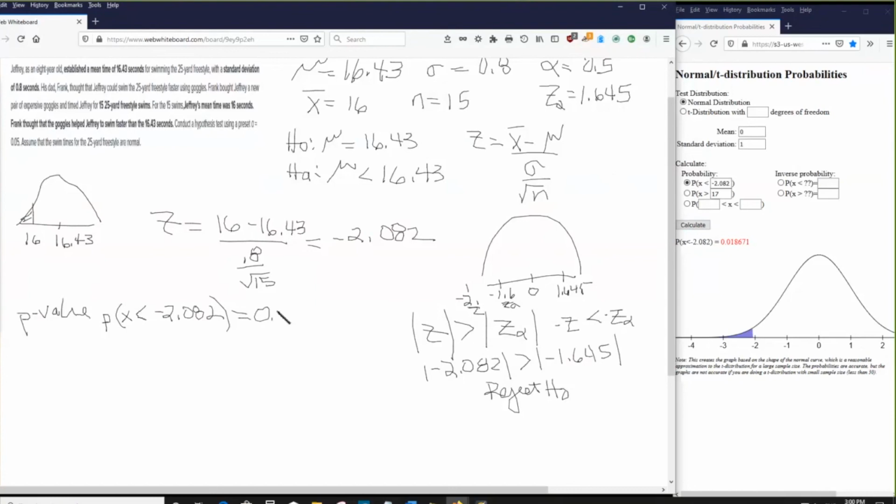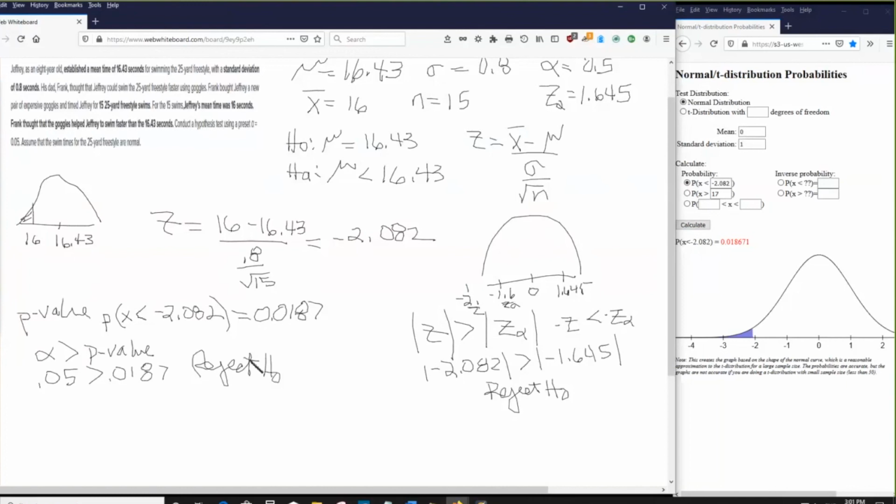And remember, if our probability is really small, then we're going to reject it. And we also have our rule that if alpha is greater than our p-value, we're also going to reject the null hypothesis. So our alpha was 0.05, which is greater than our 0.0187. So that also tells us we're going to reject the null hypothesis.